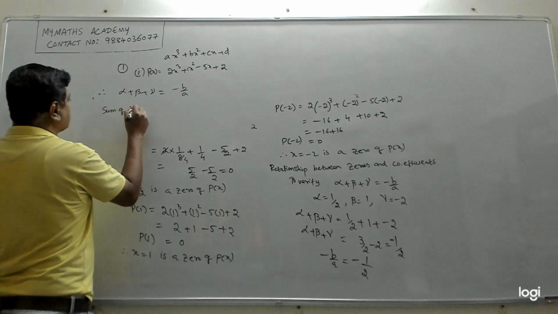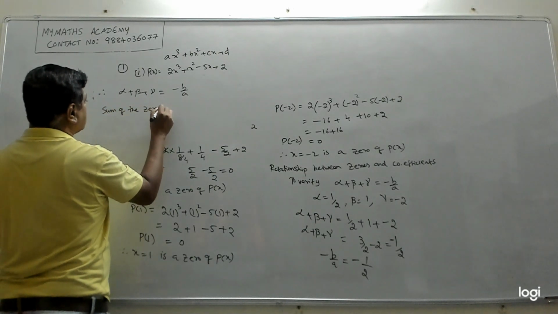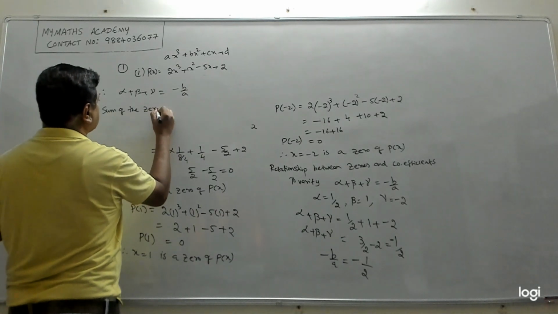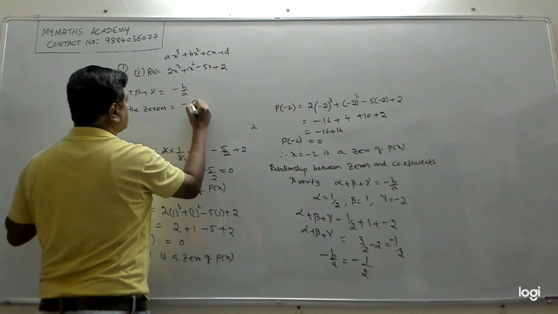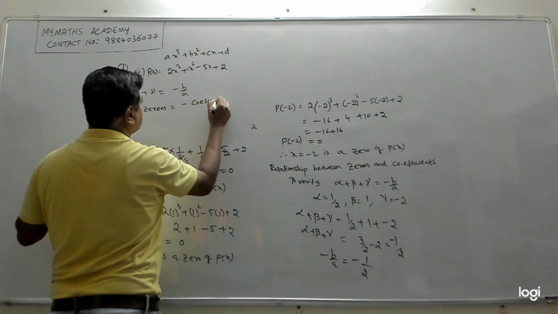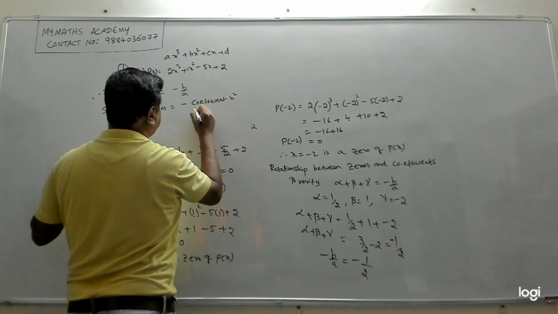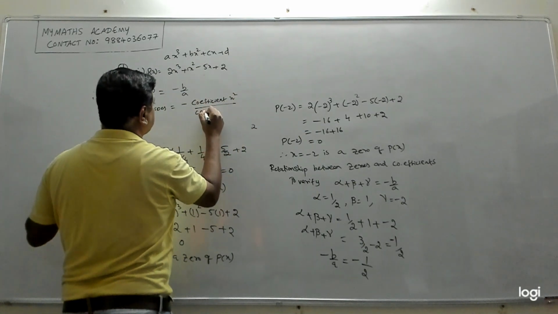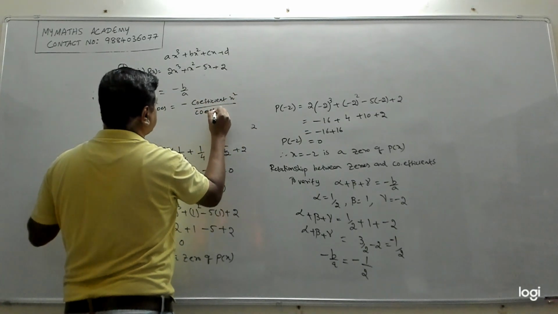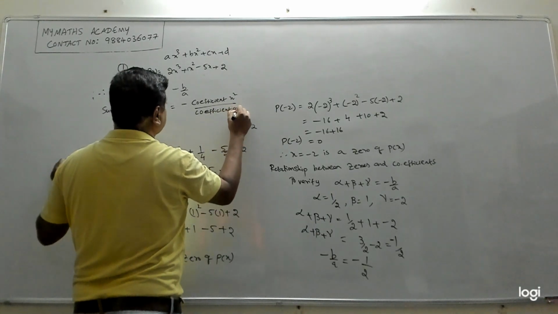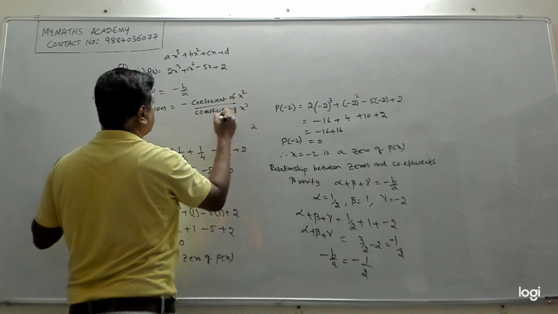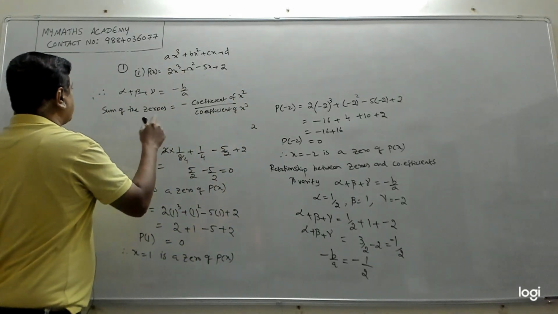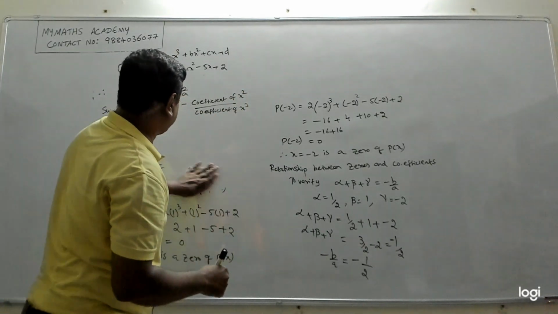The sum of the zeros is equal to minus b, where b is the coefficient of x square, divided by a, the coefficient of x cube. So that is taken care of. That is verified.